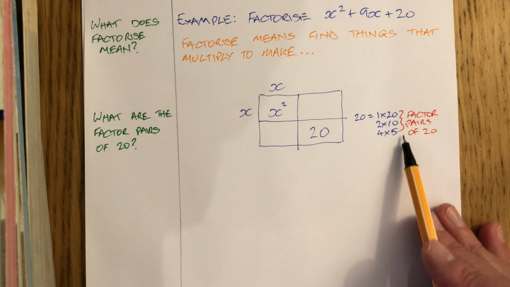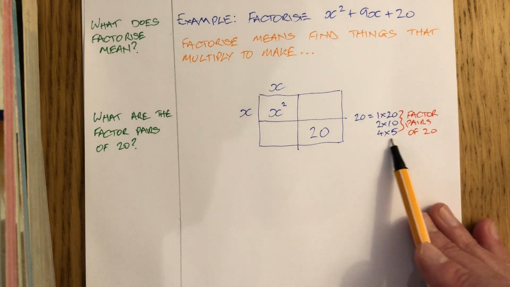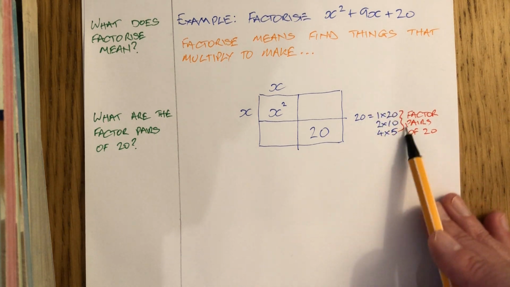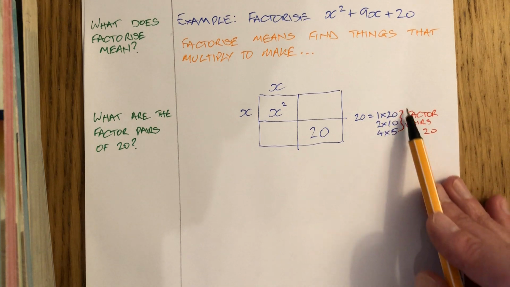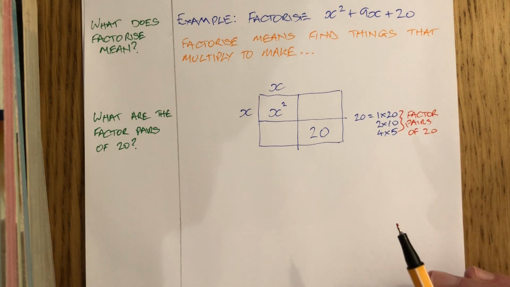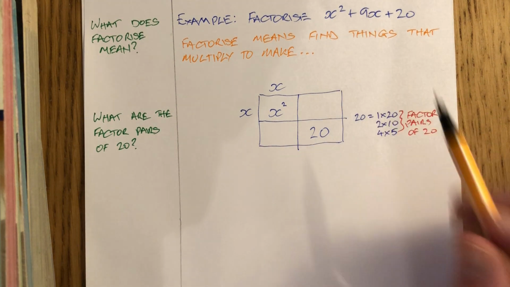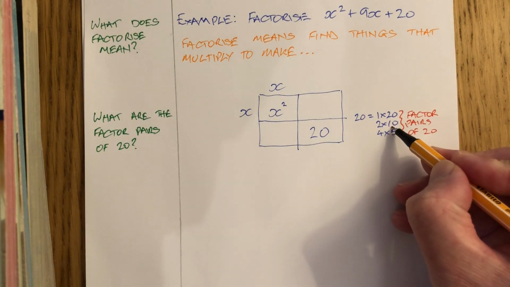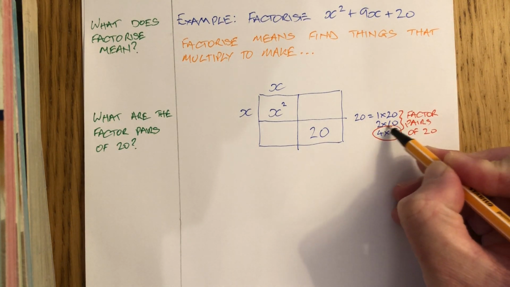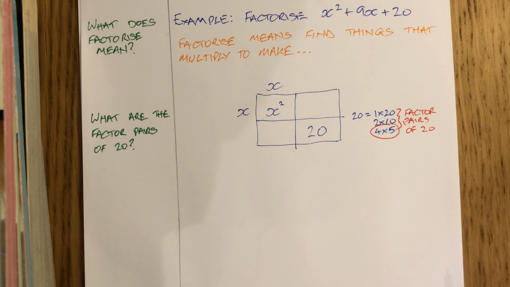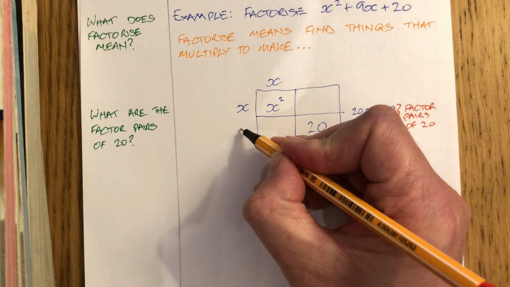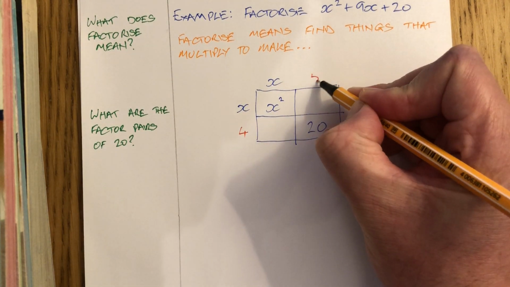So we look at these numbers from the factor pairs of 20, and we're looking for the pair that add up to make this middle number. And it's got to be 4 and 5. So I'm going to put 4 here and 5 here.